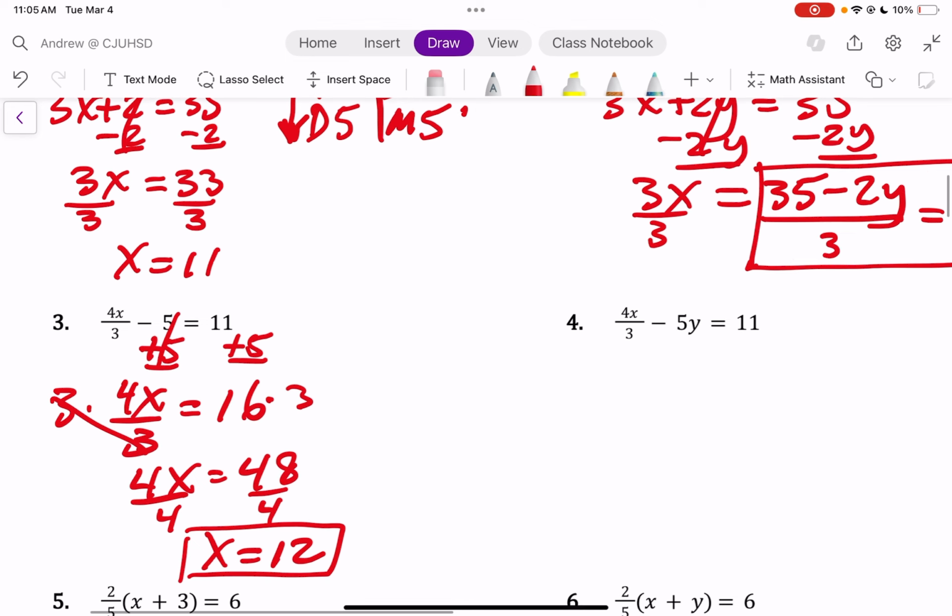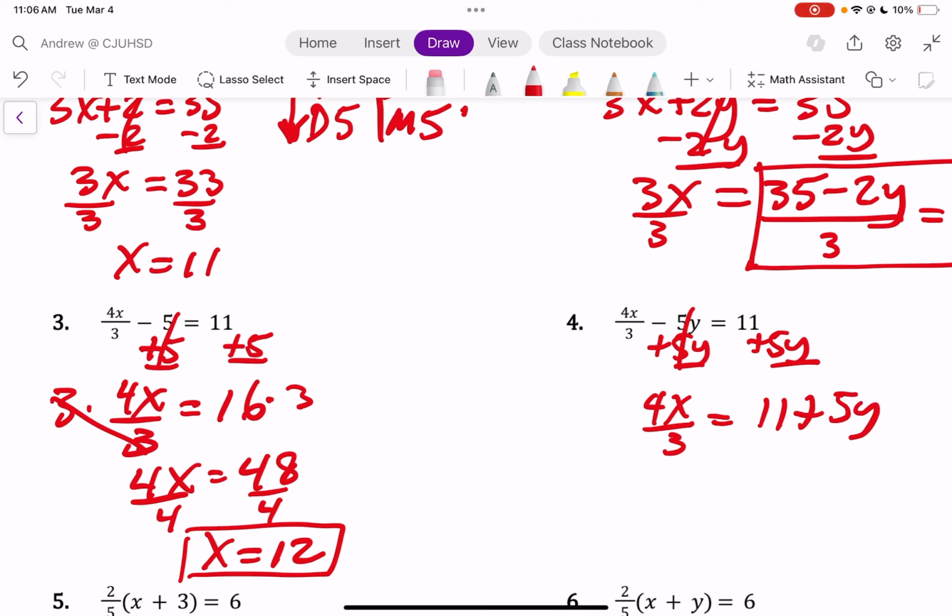On the right side, the only difference is it's 5y, so we're going to add 5y. 11 and 5y do not combine together, so it's just going to be 11 plus 5y. We'll multiply the entire thing by 3.